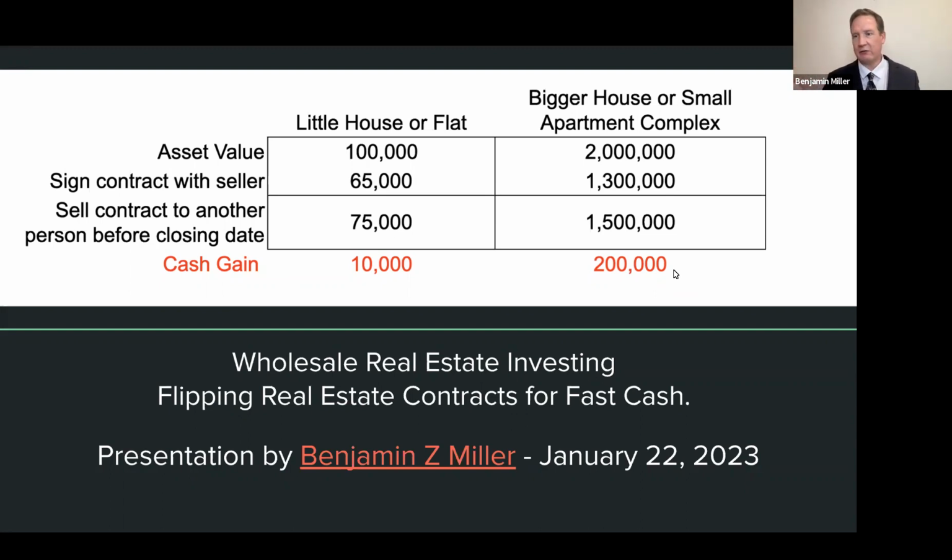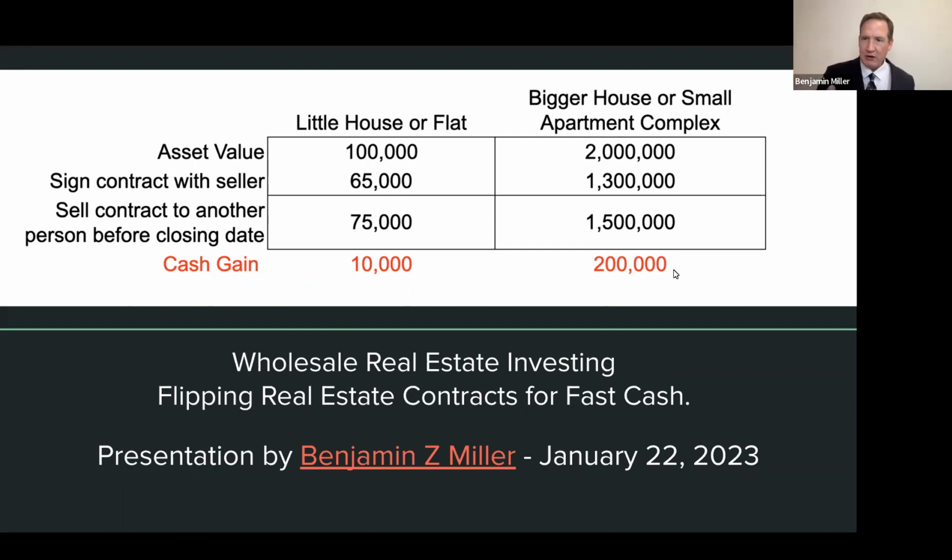You take that contract for $65,000 and you go to another investor and you say, hey, I found a deal. I'll sell you this deal for $75,000. And the property's worth $100,000. So then you would assign your contract for $10,000 as your fee, and the buyer would pay the $10,000 to you, and then they would also pay the $65,000 to the seller.